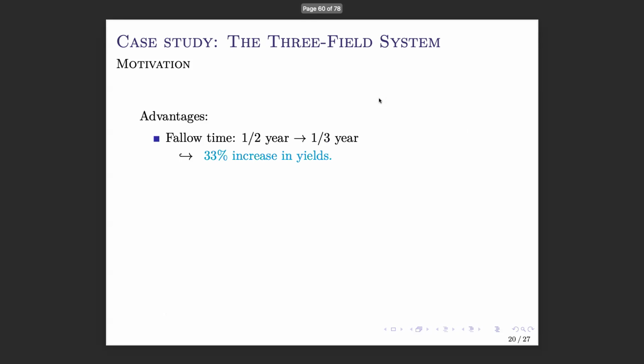Why is this interesting? We go from basically half of the year with land in fallow to one third of the year, which implies a 33% increase in yields mechanically. That's gigantic historically. The three-field system also diversifies weather risk, which is a second order effect on productivity.